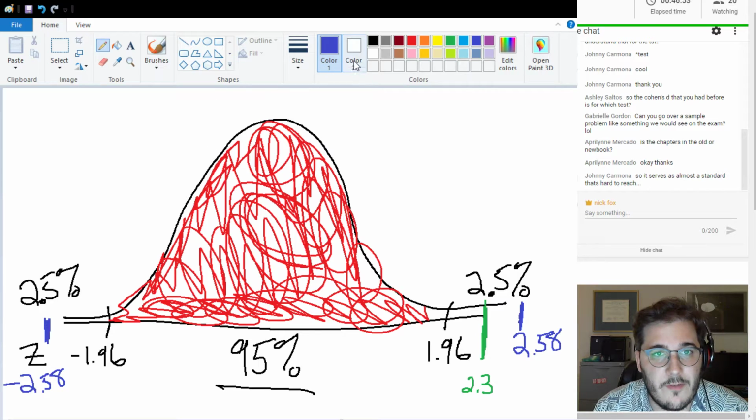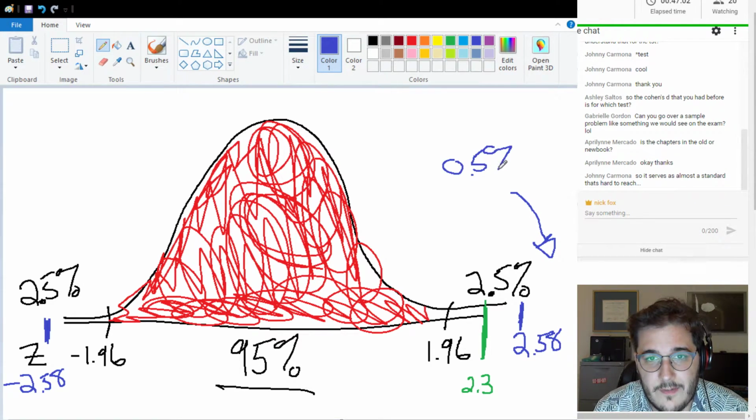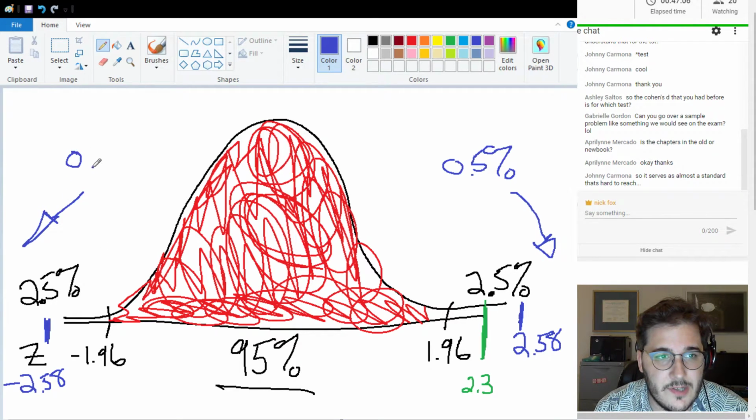So an alpha level of 0.01 means that now, outside of here, there's only 0.5% of observations on that side and 0.5% of observations on that side.